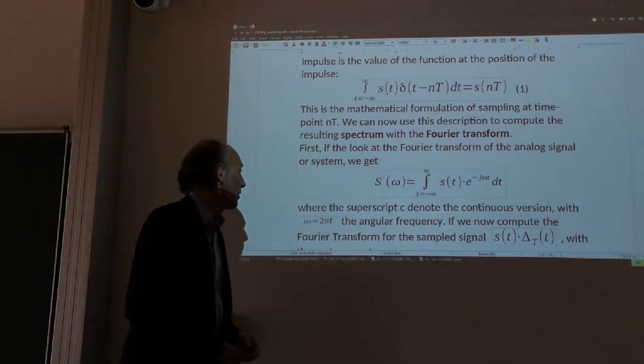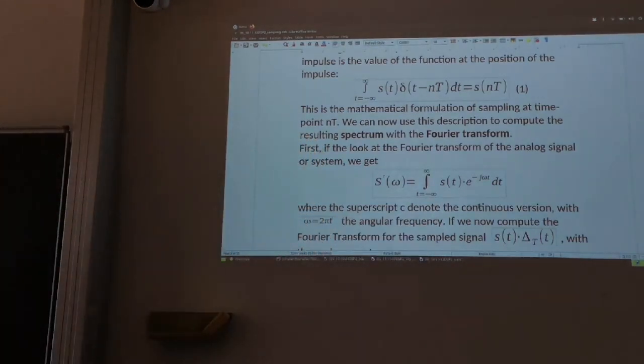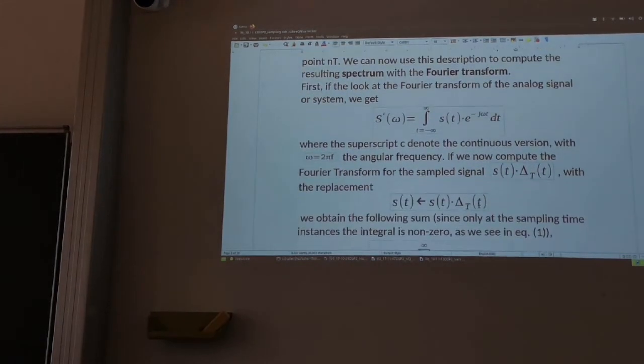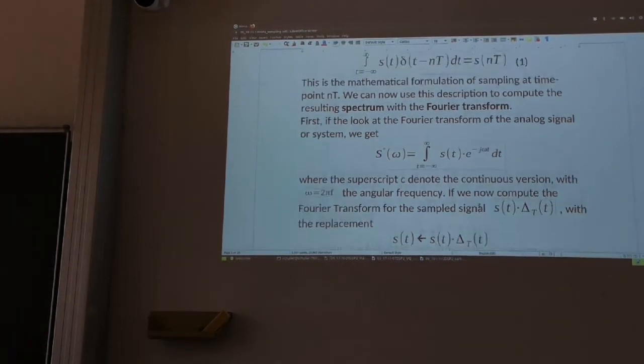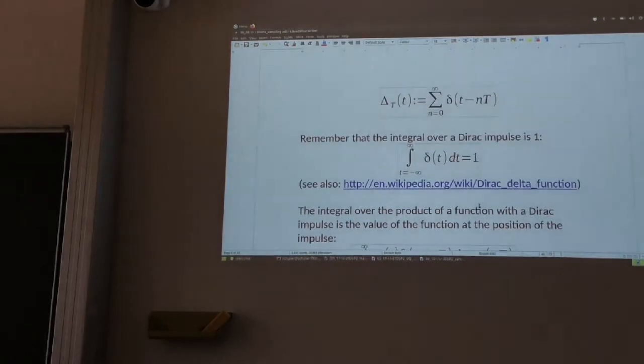So now we go to the sampled signal. We compute the Fourier transform of our sampled signal, s times delta_T of t, where delta_T is the sum. Remember, I defined this train of Dirac pulses.